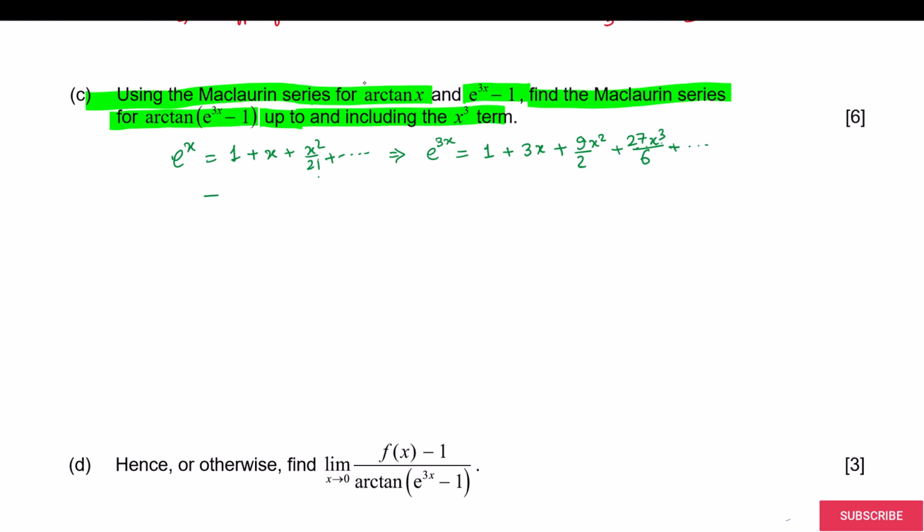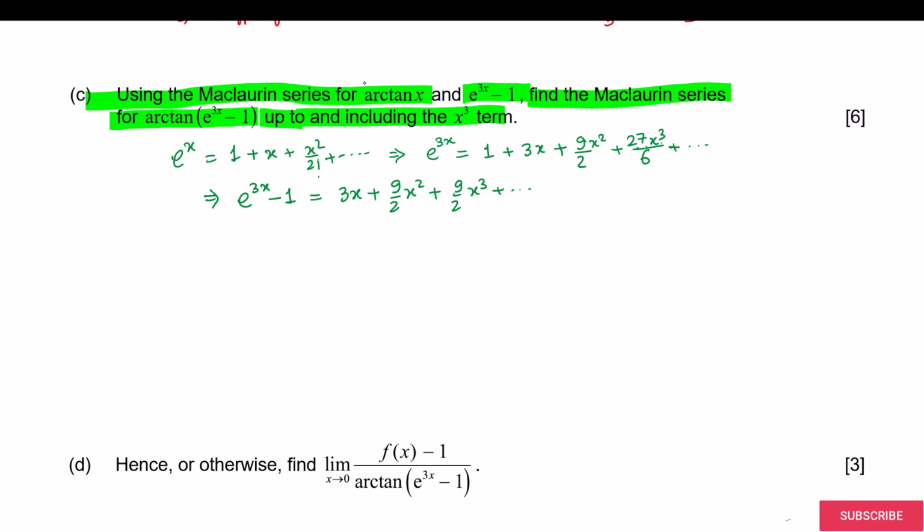So from here we can write e to the power 3x minus 1 as 3x plus 9 over 2 x squared plus, we can cancel this with 3, so it is going to be 9 over 2 again, x cubed plus and so on. So that's e to the power 3x minus 1.